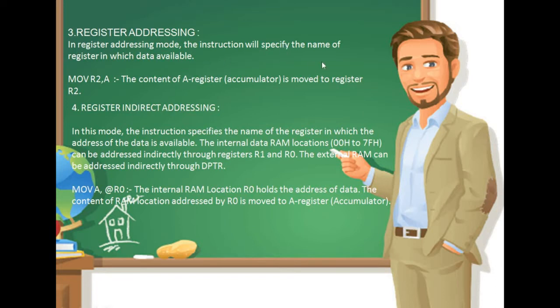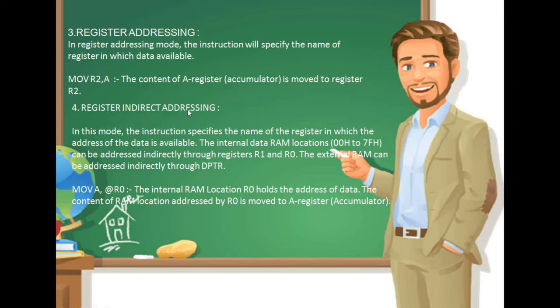For example, MOV R2, A, that means the content of the A register, that is the accumulator, is moved to R2. That means the data which is present in the accumulator is moved to the R2 register.